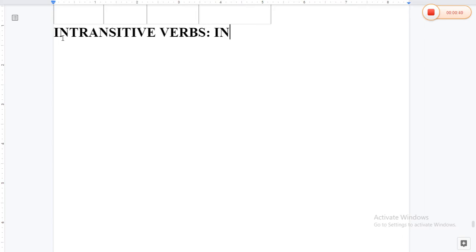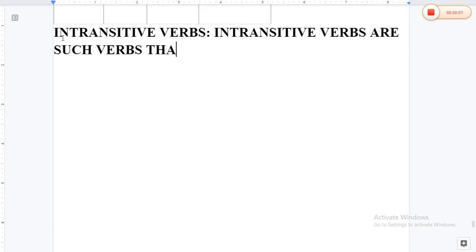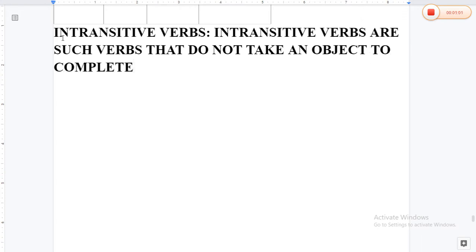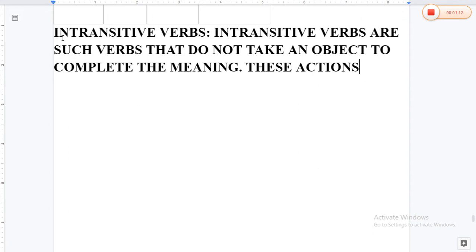Intransitive verbs are such verbs that do not take an object to complete the meaning. These actions are non-transferable.